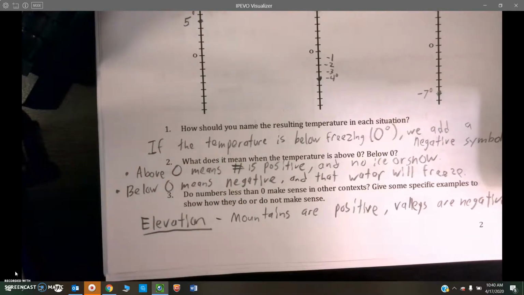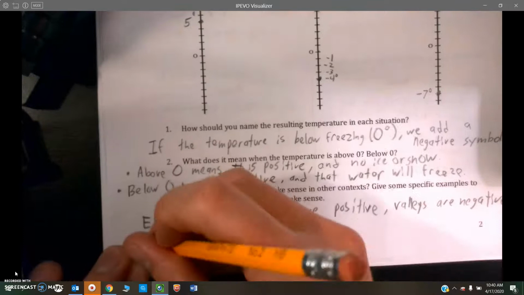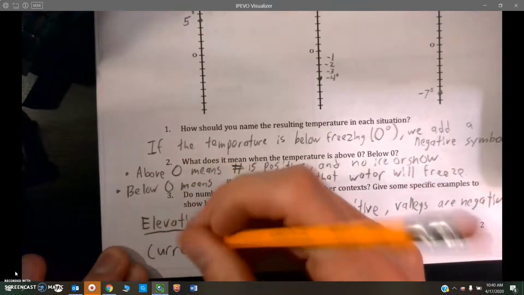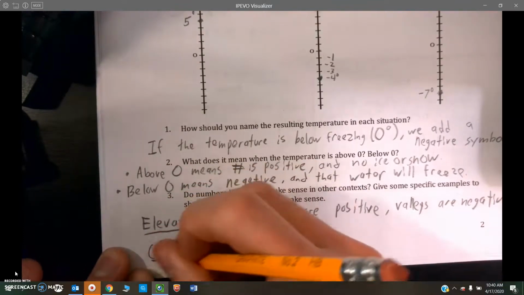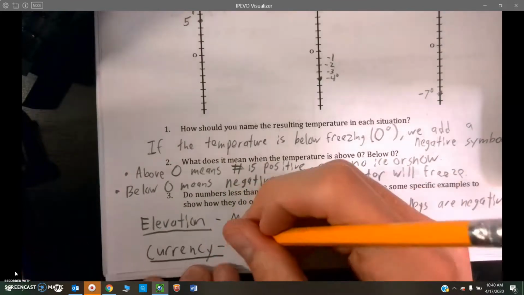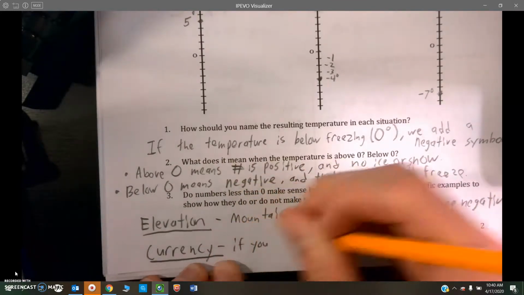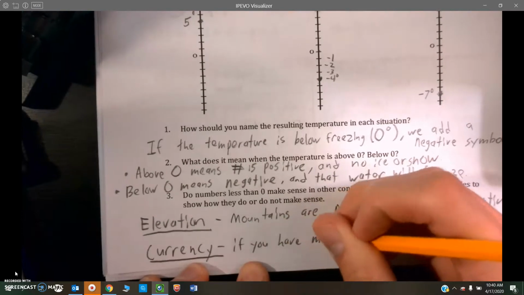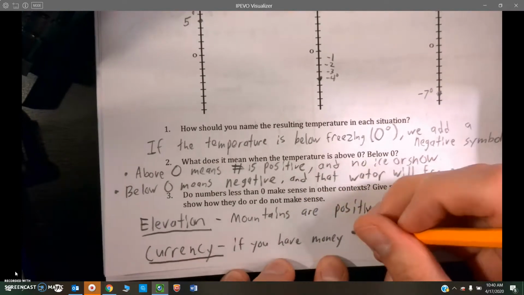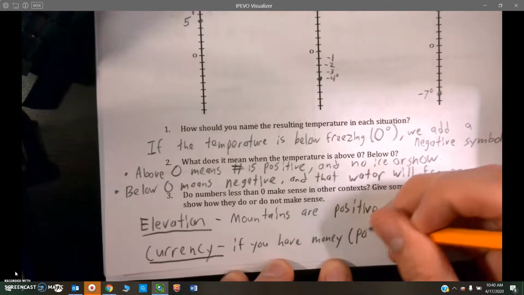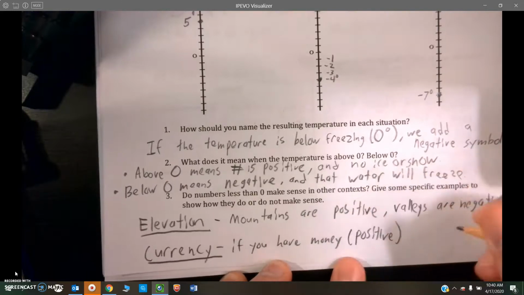Another really common way we talk about negative numbers is currency. It's just a fancy word for money. If you have money, if you have $5, then it's positive.